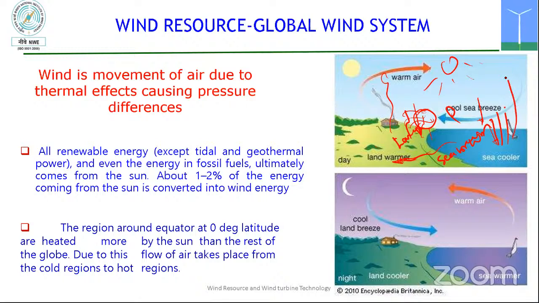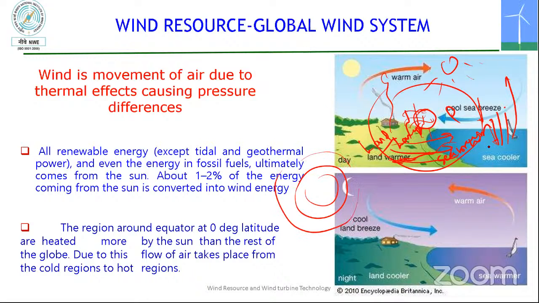The lower density air goes up, and since the land cools faster, the higher density air comes in. This is called a land breeze. During the night time, you get the land breeze. And also the rotation of the earth makes the wind move from one direction to another. So this is the way wind originates.